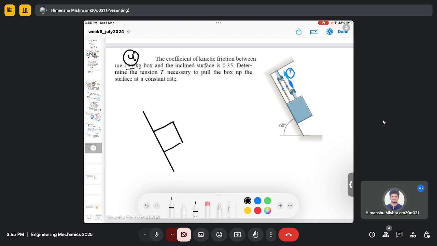So when we make a free body diagram here, since there is a tension force acting on this cord, this cord will experience the tension, and this cord will also experience the same tension, and this cord is also going to experience the same tension T. So the resultant tension force here will be 3T.